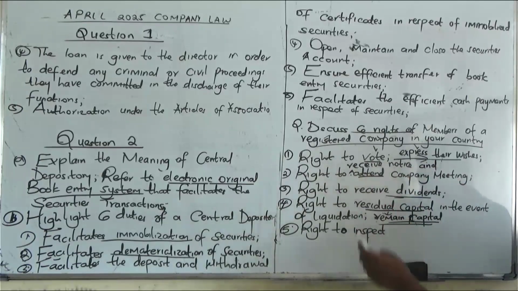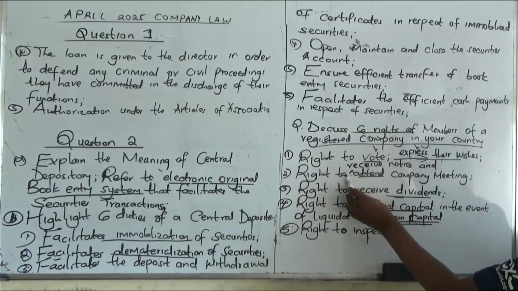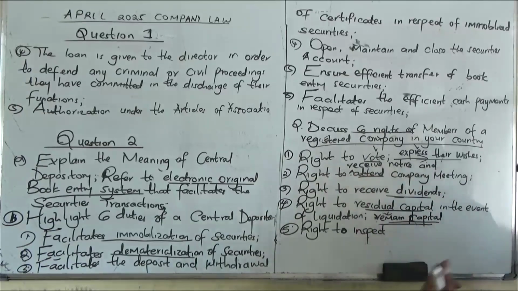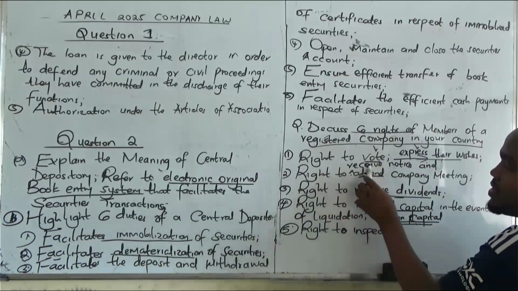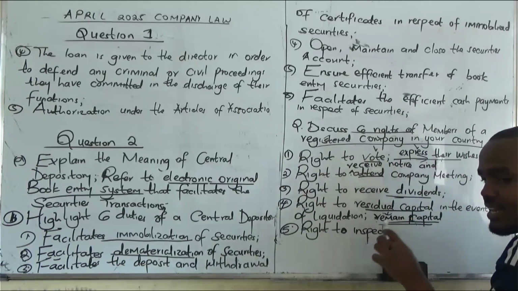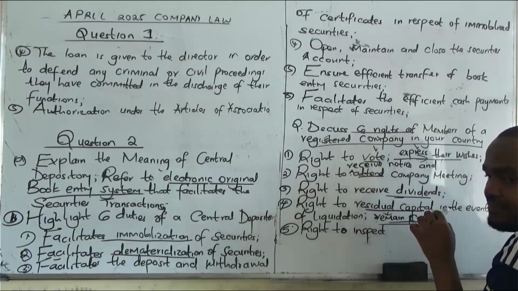If you're in an exam, the right to receive notice is different to the right to attend company meetings. To receive notice, they're entitled to receive information concerning a company meeting. That is what we'll explain, the right to receive notice. For the right to attend company meetings, they have the right to go to the company meetings.